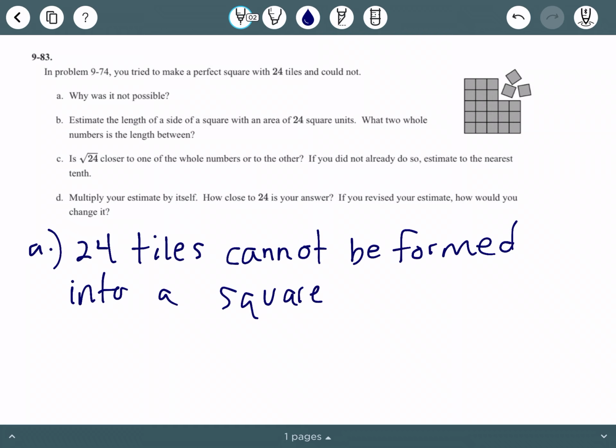Now, 25 tiles could be, but 24 is not enough to make a square. We would have a piece missing. All right, so make sure once you have that written down, we're going to move along to part B.